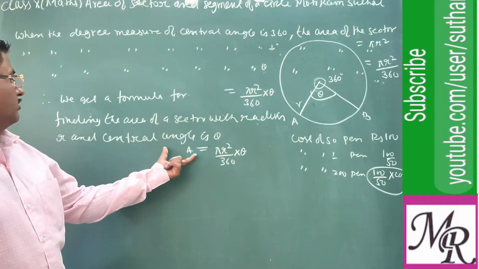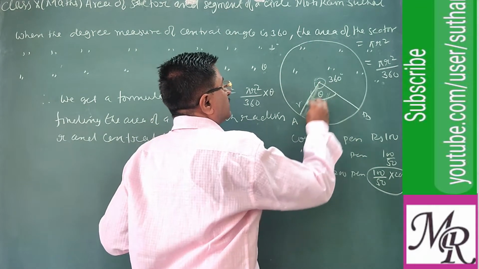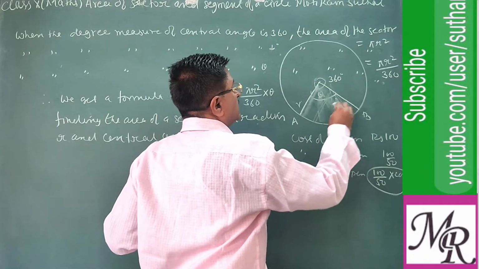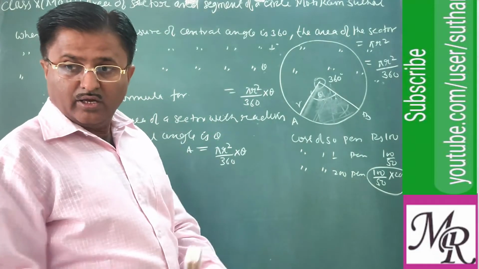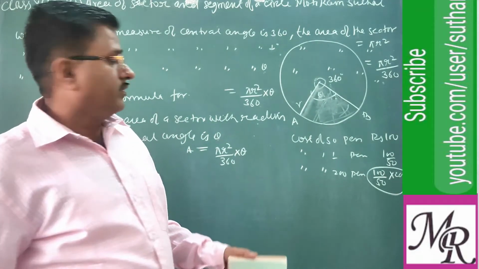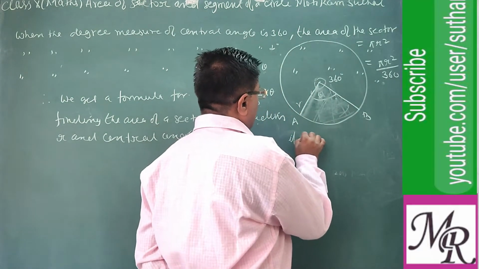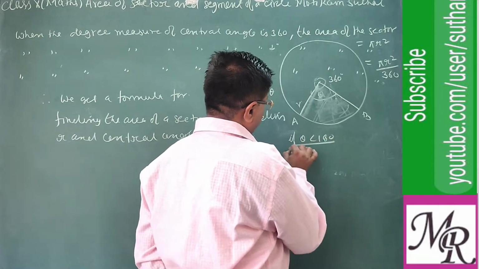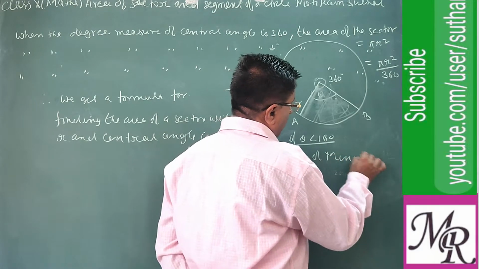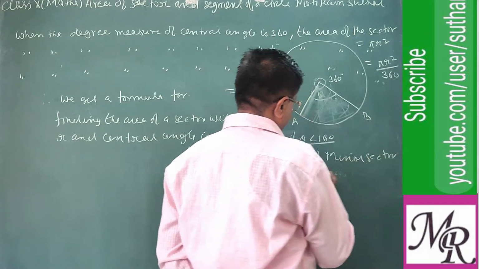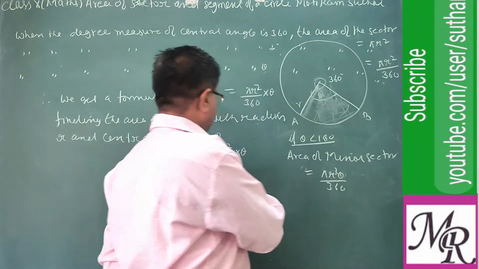Clear? Now here you can say for the area of the major sector. Before that, you see one more topic here. If we are finding the area of this minor sector, suppose this is a minor, theta is less than 180. Clear? If theta is less than 180, so you can say the area of the minor sector is given by the formula pi r square theta upon 360.